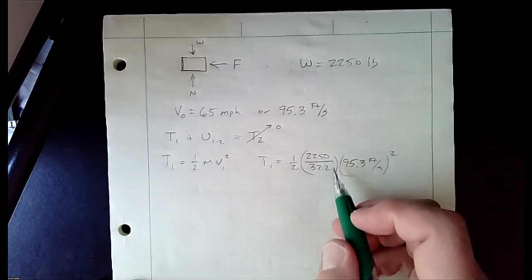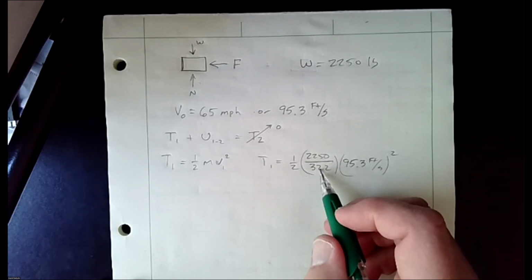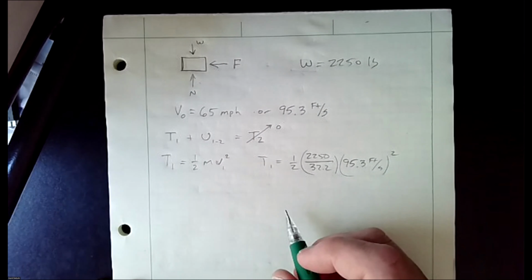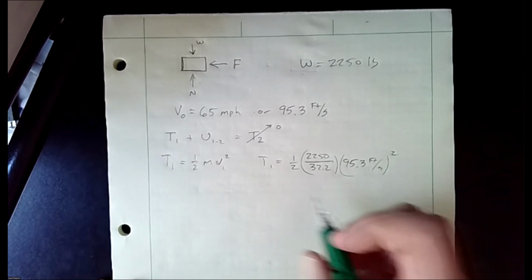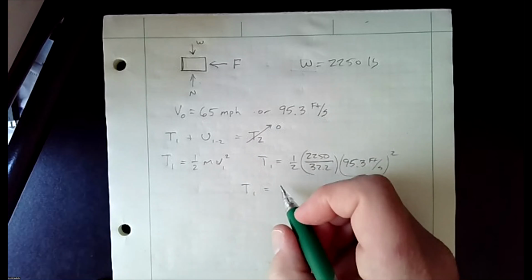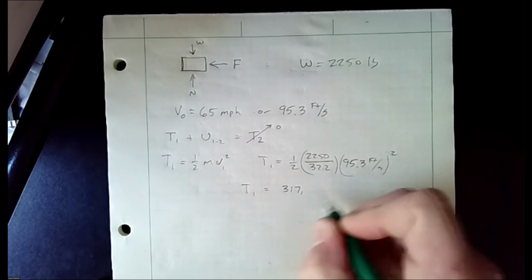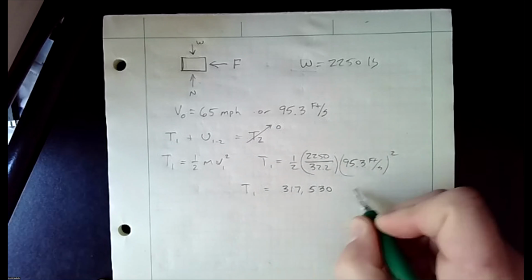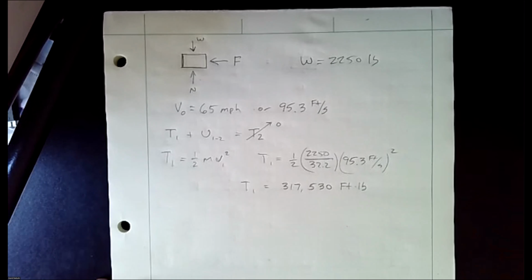So there's the pounds, here's our slugs, and we end up with 317,530 foot-pounds of energy. That's how much the car has.